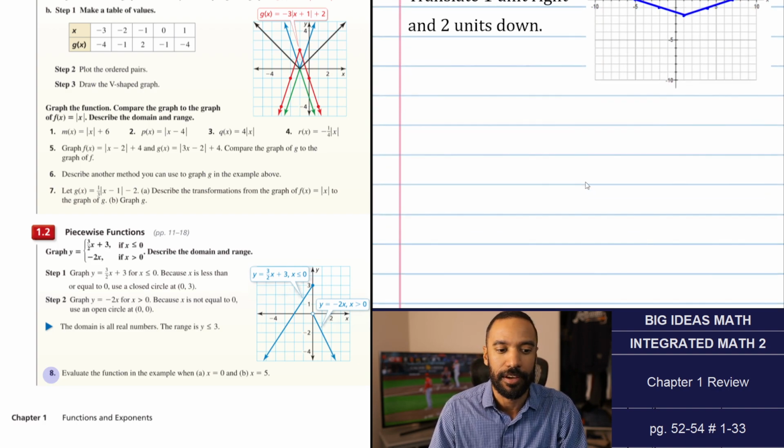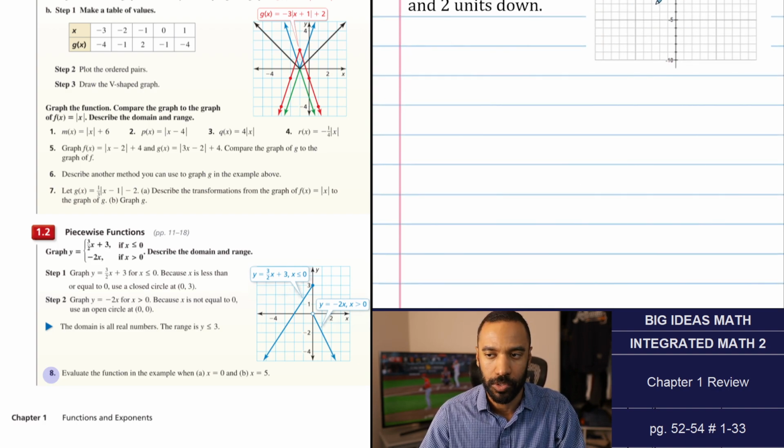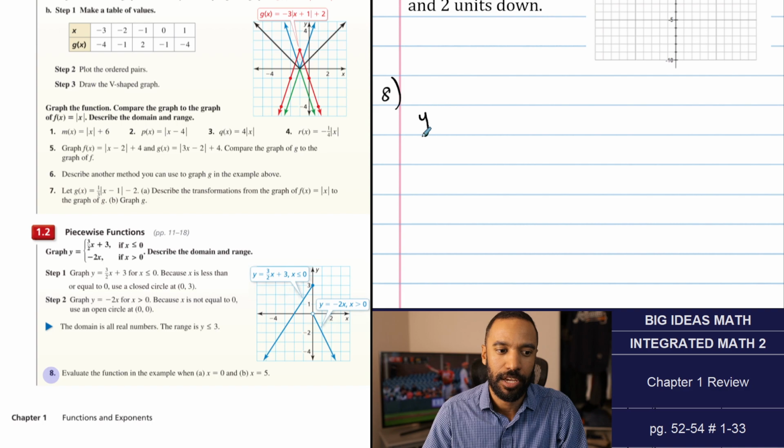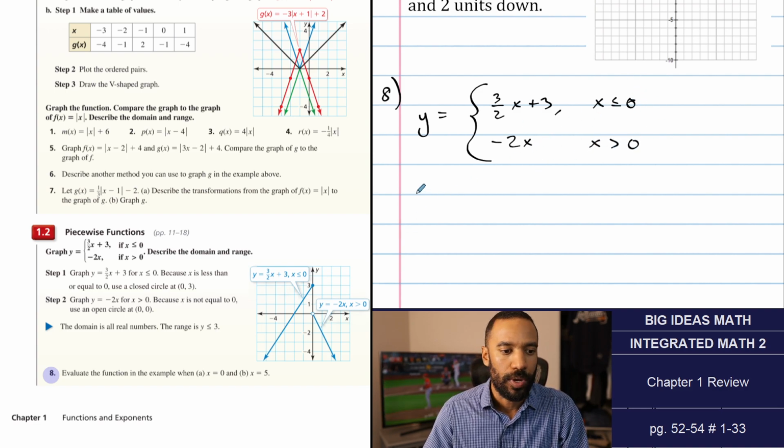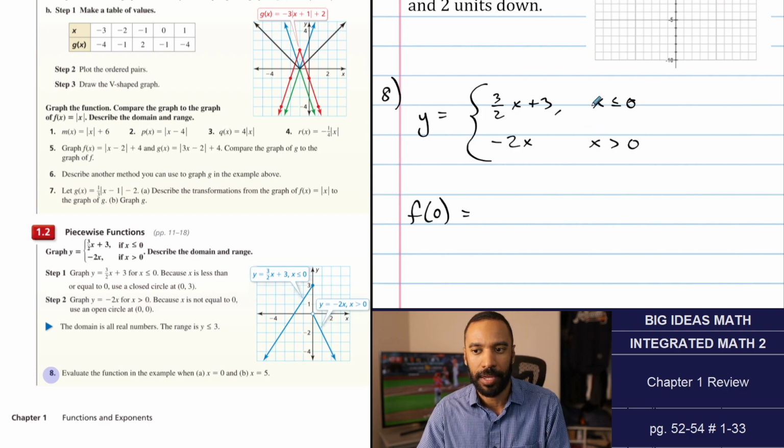We're going to look at number 8, where we're not graphing. We evaluate the function in the example when x equals 0 and when x equals 5. If you have the equation for the piecewise function, y equals 3/2 x plus 3 when x is less than or equal to 0, and y equals -2x when x is greater than 0, we will do f of 0, which means substitute 0 for x and get the value out for y.